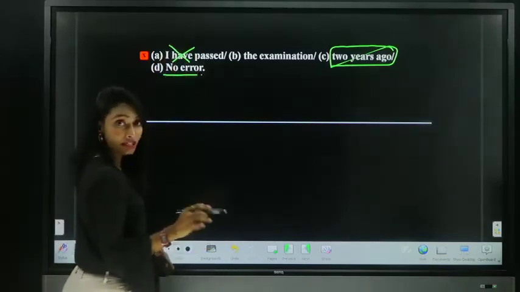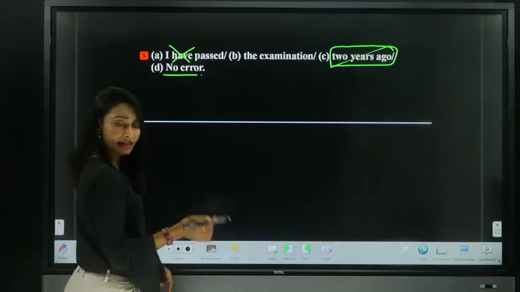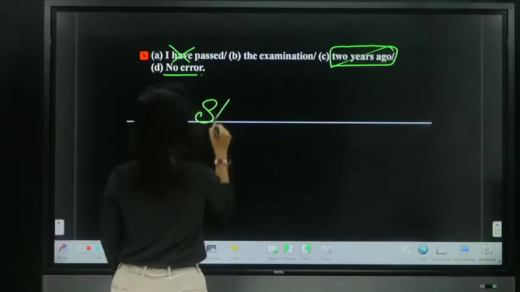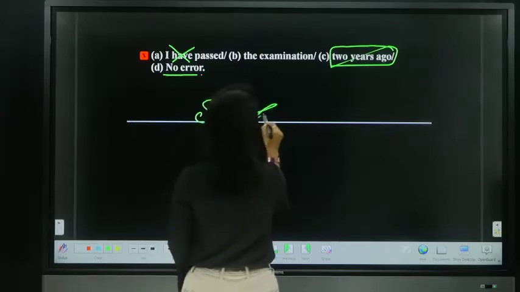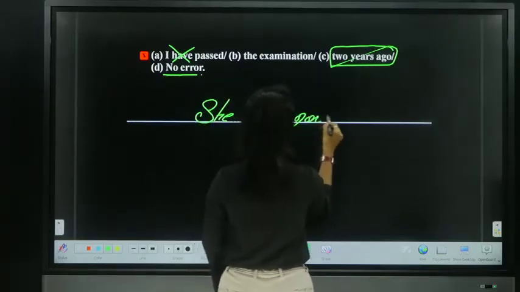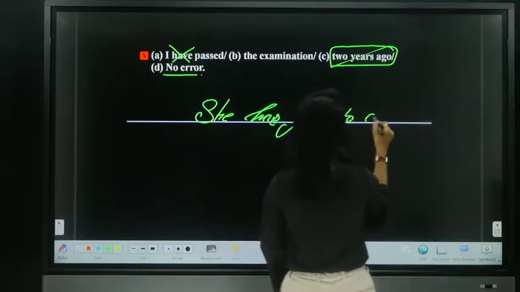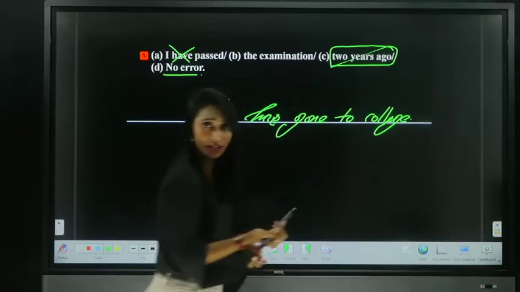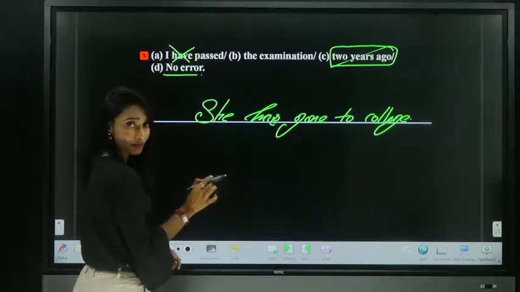If there is no time mentioned, you can say in perfect tense, like she has gone to college. When there is no time indicator, that can happen in present perfect.